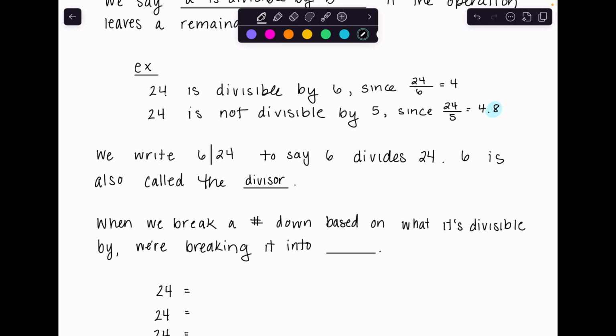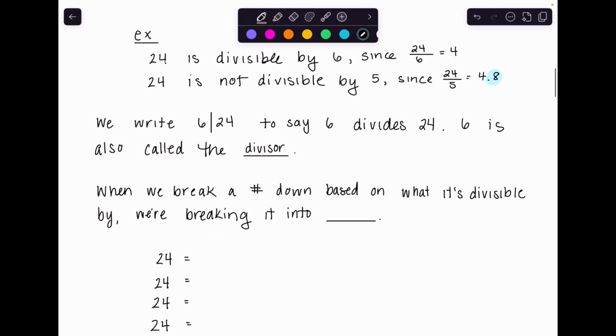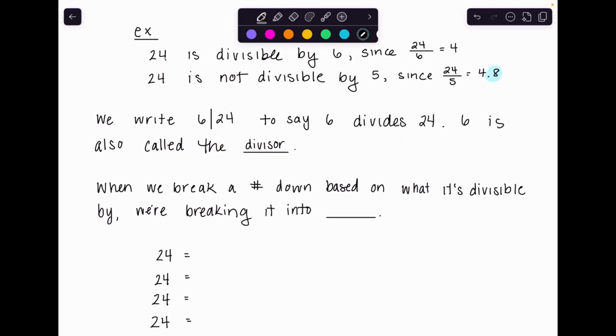Okay? What we're going to be doing predominantly in this section is determining if one number divides another. But more so, we're going to talk about breaking a number down into different factors. So we're going to see, okay, 24, how can I break that down into the smallest components that make it up?